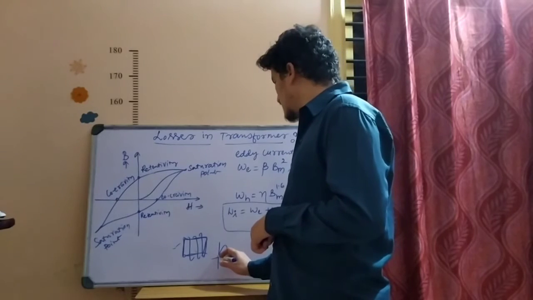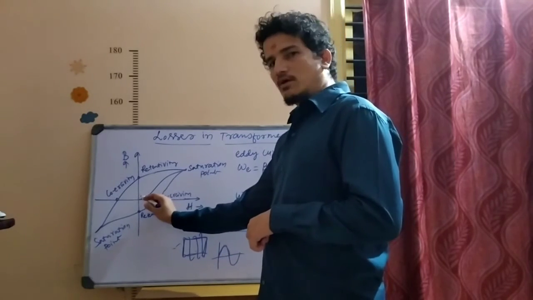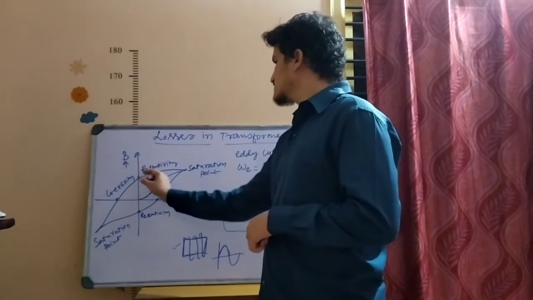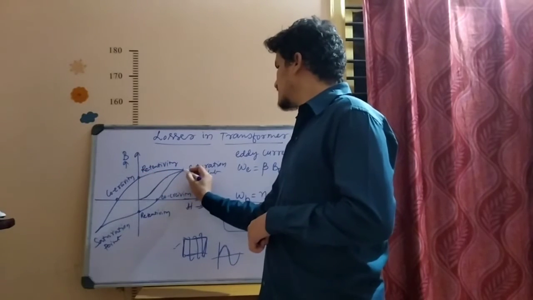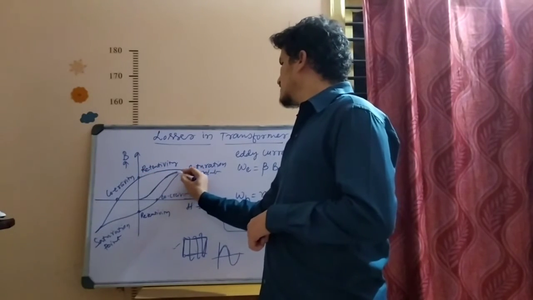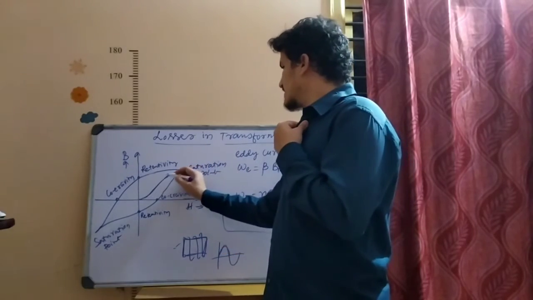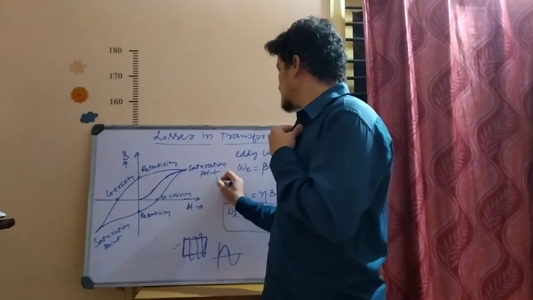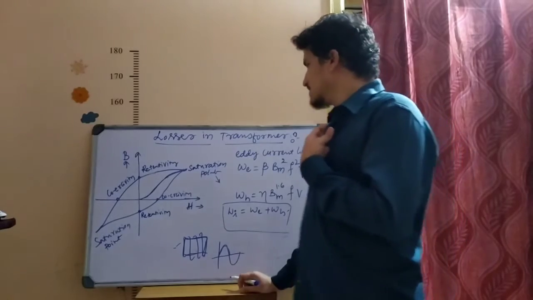In one half cycle, it will magnetize up to some flux density, say for example, this point. It will magnetize to some maximum level. This maximum level is called the saturation point.